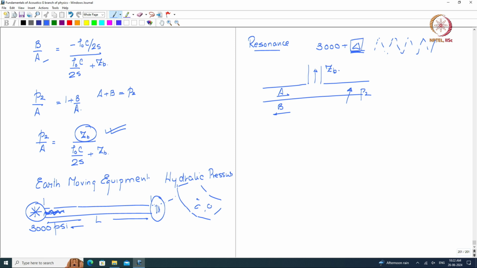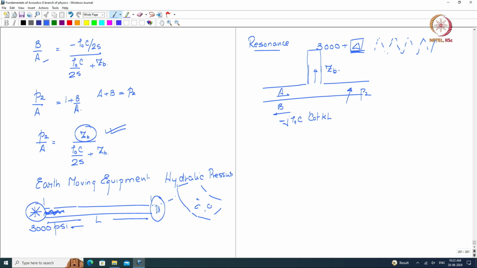Let us say this is a pipe with closed end. Then we know that the impedance is minus j rho 0 c cot KL. This is specific acoustic impedance.